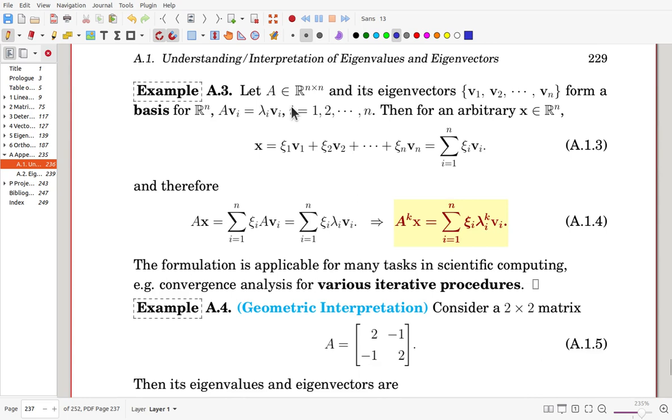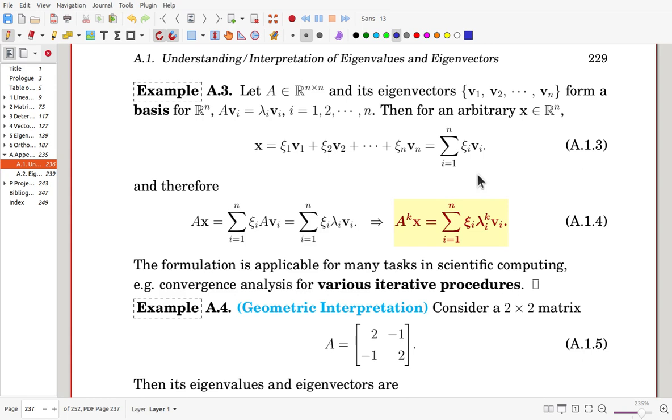A is an n by n square matrix, and we assume its eigenvectors v1 to vn form a basis for Rn, and A vi is lambda i vi. Then, for an arbitrary vector x in Rn, it can be expressed as a linear combination of eigenvectors. This is summation notation.